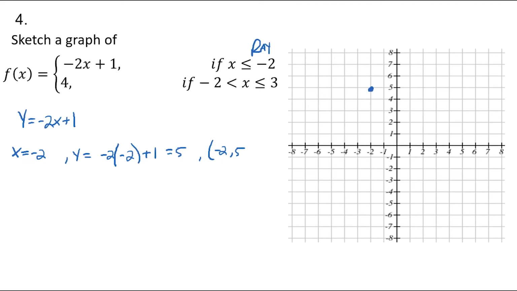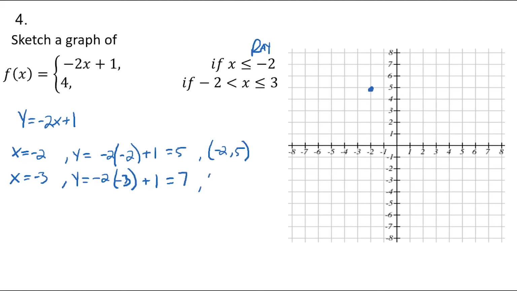Then all we need is 2 points, and we want a point that's less than negative 2, so we know that it's part of the ray that we need to graph. So we'll say x is equal to negative 3. We have y equal to negative 2 times negative 3 plus 1, and we get 7.